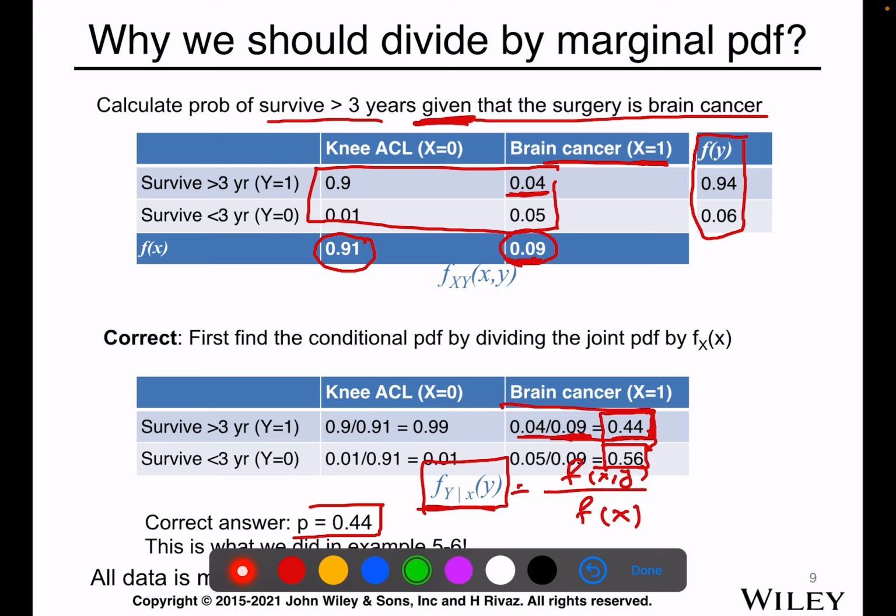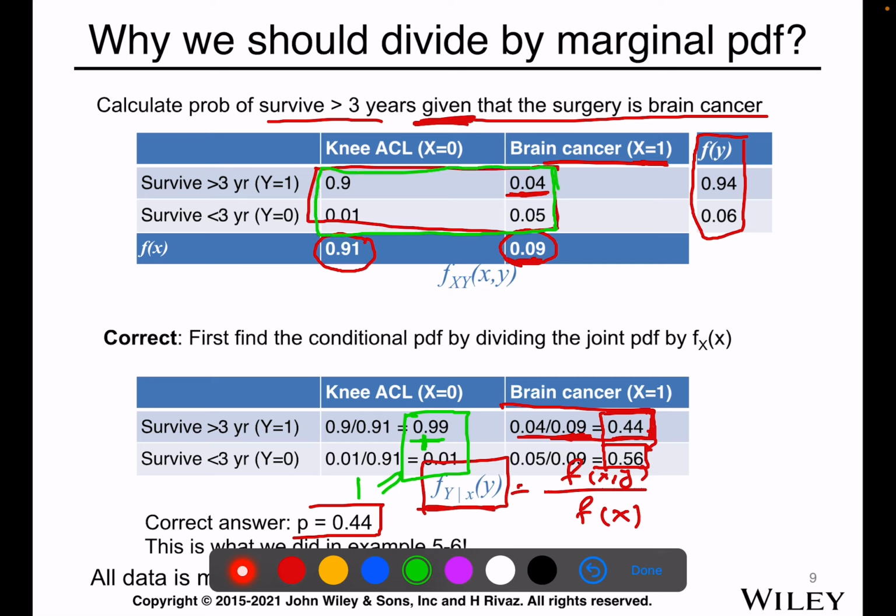Okay. So another cool property of the conditional probability is that if we add these two numbers, 0.99 plus 0.1, I'm going to get 1, right? So the problem actually changes when we calculate conditional probabilities. Up here, if I add these four numbers, I'm going to get 1.